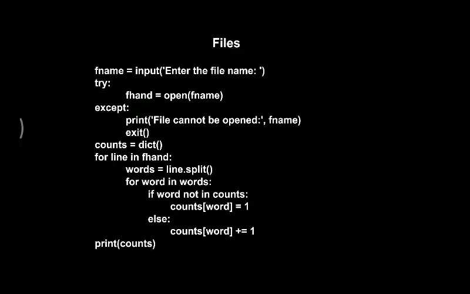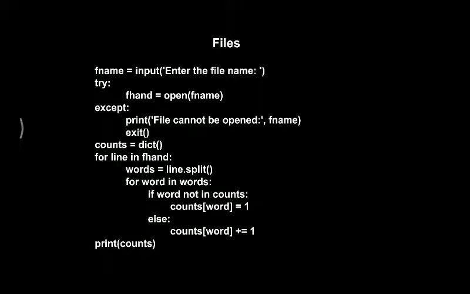If the try block is successfully executed, it will skip except and directly go to the next statement, that is counts = dict(), which creates an empty dictionary. For line in f, we consider each line from that file. Then we consider each word from each line: words = line.split(). Once line.split is applied, it separates the words.